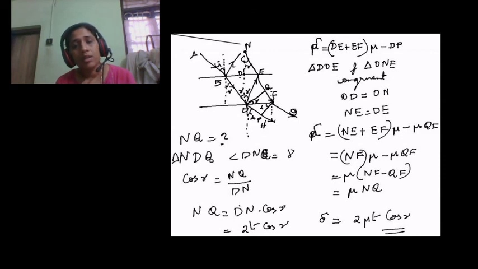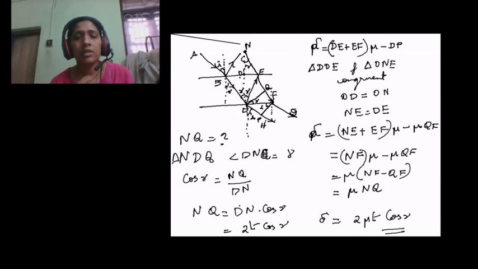Actually, DN is equal to OD plus ON, and this is equal to 2T. So NQ is equal to 2T cos R. Therefore, the path difference delta can be equated as 2 mu T cos R.